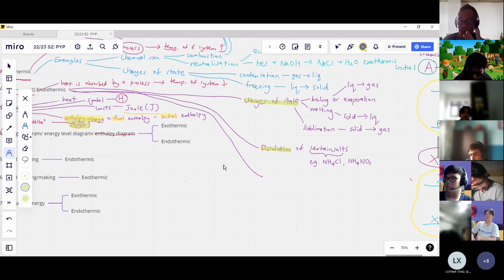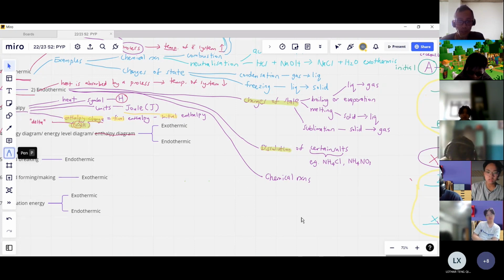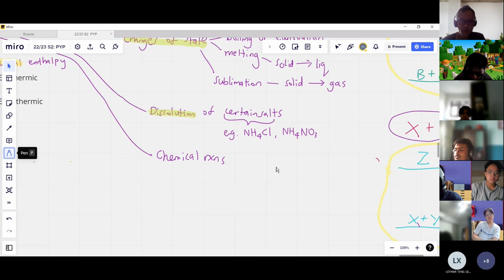So far, I haven't mentioned any chemical reaction yet. I'll just give a couple of examples. So for chemical reaction, what is an endothermic? Okay, again, this one is not very intuitive because you don't really sense the temperature decreasing.